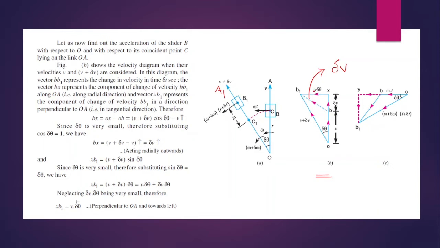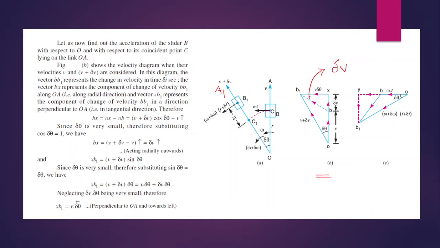Then we can find out the components of the change of velocity bb1, along OA and perpendicular to OA. Here this is the change of velocity delta v. That change of velocity has two components, one along OA and another perpendicular to OA.